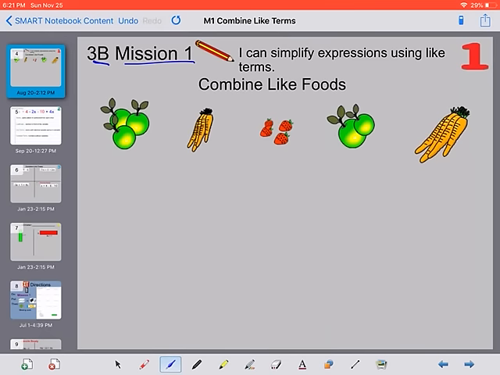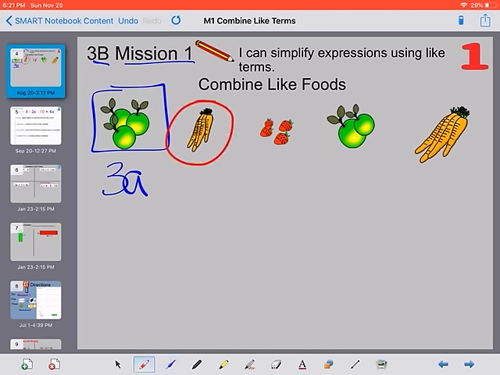We have 3 apples. That can be represented by 3 and the letter A. Here I have carrots. I have 4 carrots, so I'm going to use the letter C to represent carrots. Then I have strawberries.